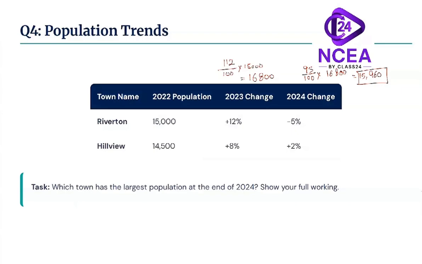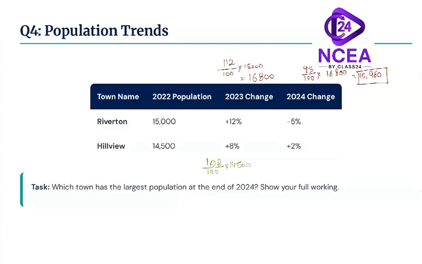Now I'm going to calculate for Hillview. There is an increase of 8% in 2023. That means in 2023, the population will be 108% of 14,500. So 108 by 100 into 14,500.